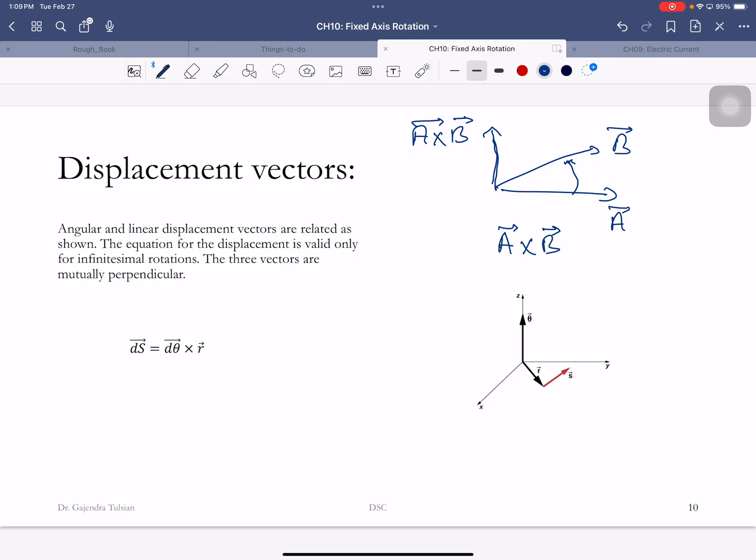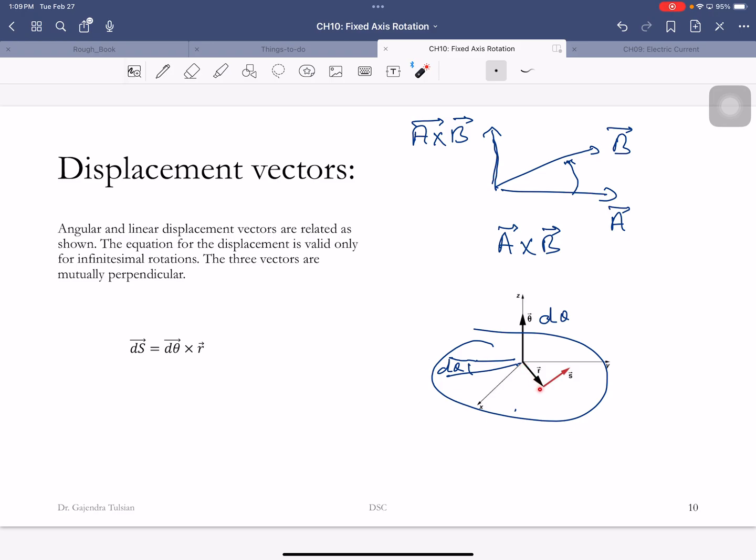All right, so what the diagram is showing you is the following. Now this only works for small angles, so this should say d theta. Let's say you have an object, a disk that rotated through an angle d theta. The displacement is in that direction. D theta is a displacement in that direction.